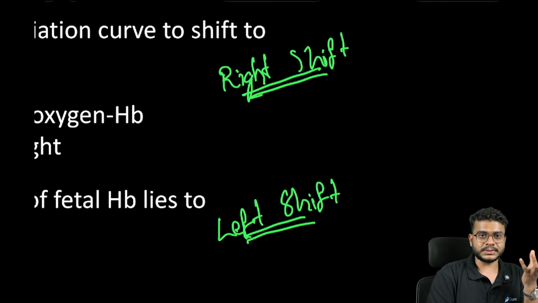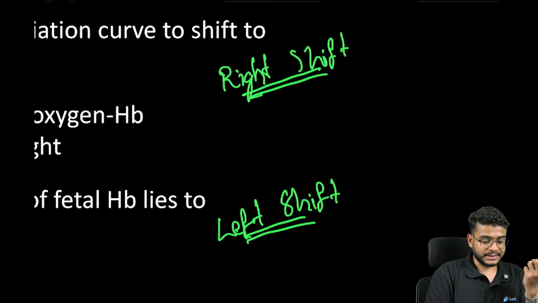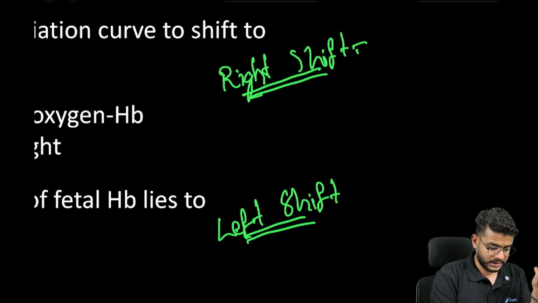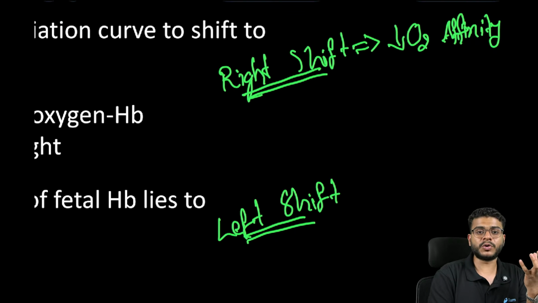What are the factors causing the right shift and what are the factors causing the left shift? For that, just understand the right shift means low oxygen affinity, or the hemoglobin cannot hold the oxygen tightly, which happens in the tissues, so that the hemoglobin can release the oxygen and tissues can take it.